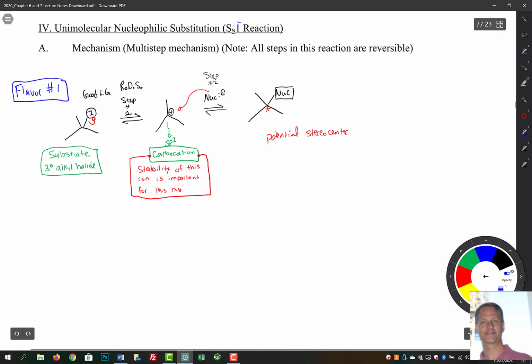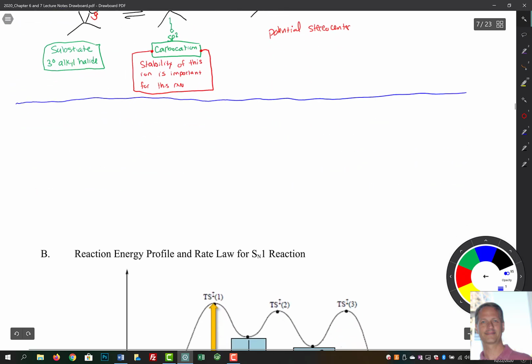Now it turns out that most of the time in these SN1 reactions, our nucleophiles don't have charges. So I want to show you flavor number 2 down here below. This is what you'll see most of the time. So here's our flavor number 2, guys. All right, so for this one, same first step.